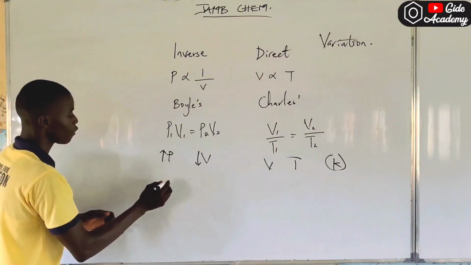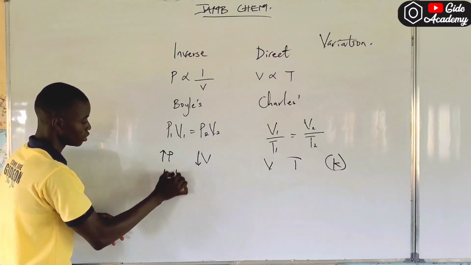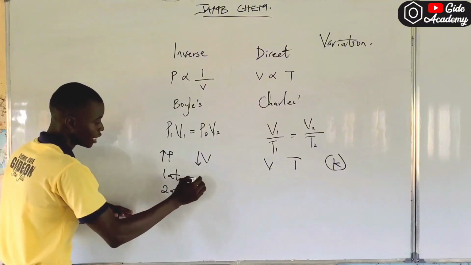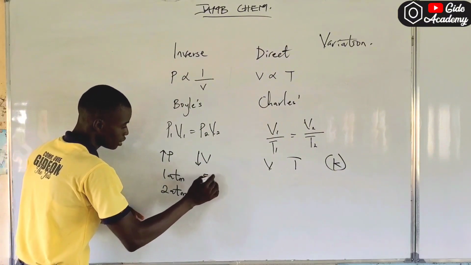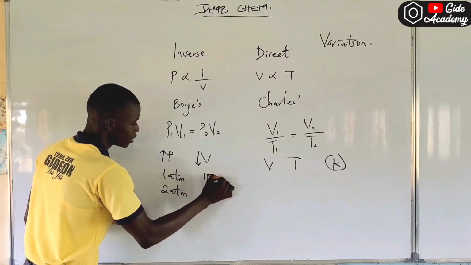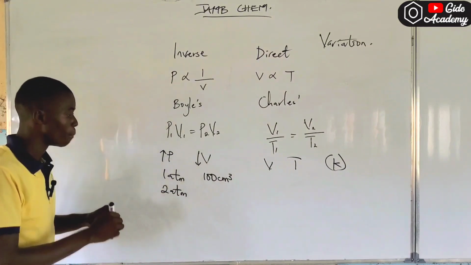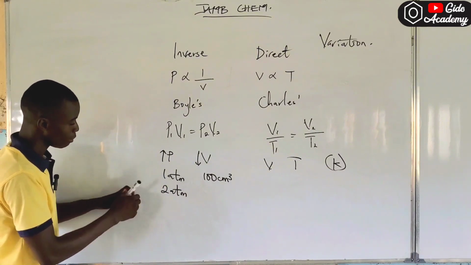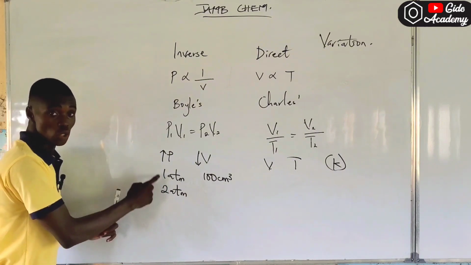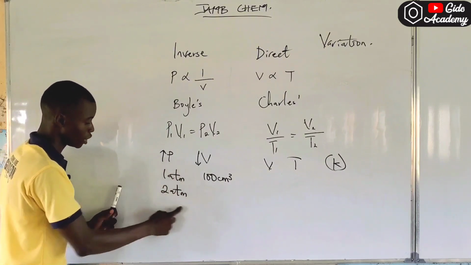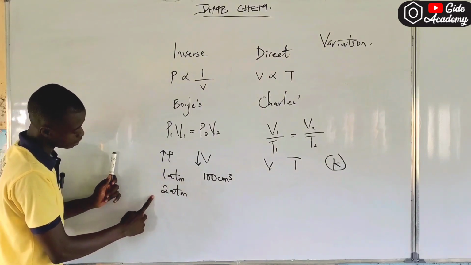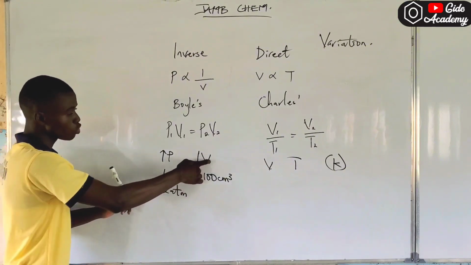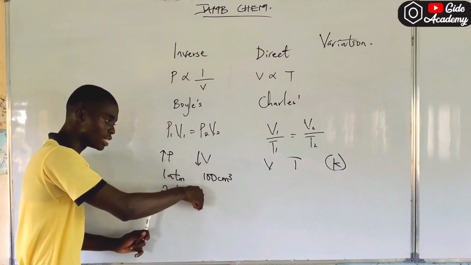For example, if our initial pressure is 1 atm, final pressure is 2 atm, and my initial volume is, let's say, 100 centimeter cube. Now my final volume here, remember, what is the relationship between my P1 and my P2? My pressure is increasing, moving from 1 to 2. Then what will happen to my volume? My volume is going to decrease.